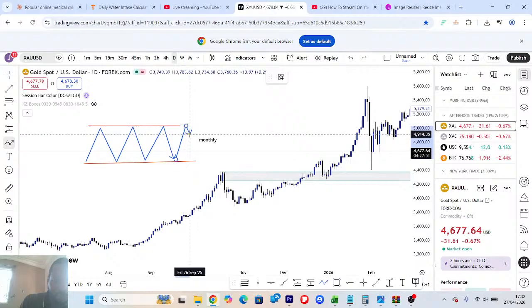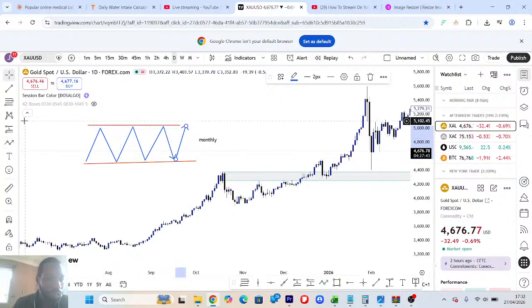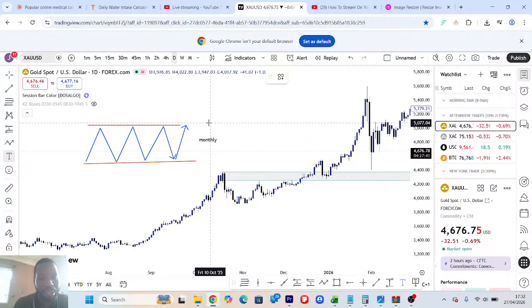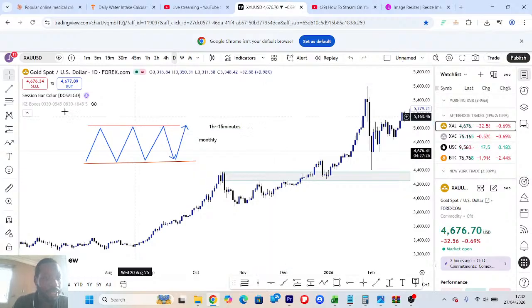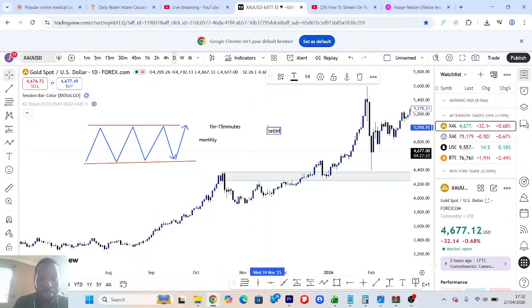So though this is a consolidating market at a higher time frame, when we go down to a lower time frame, as low as let me say 1 hour to 15 minutes, you're going to say the market is selling, right? But you will not just place a sell there yet.